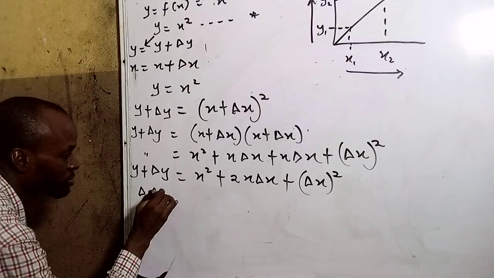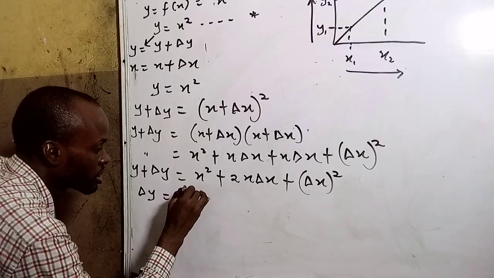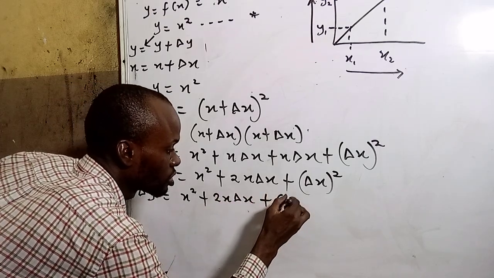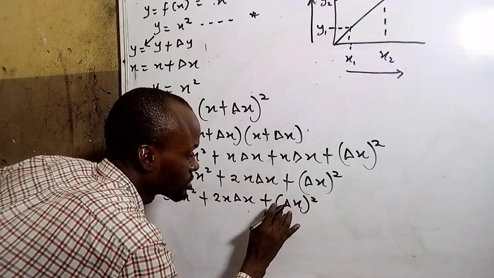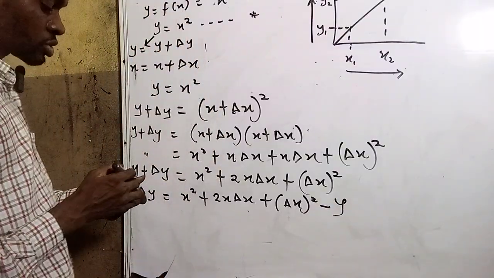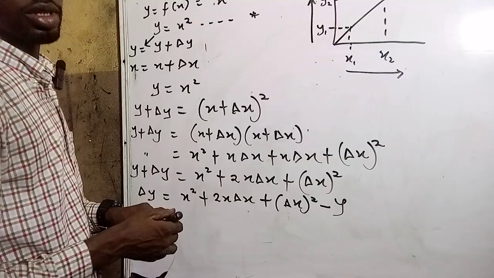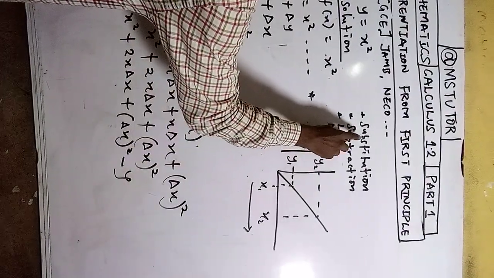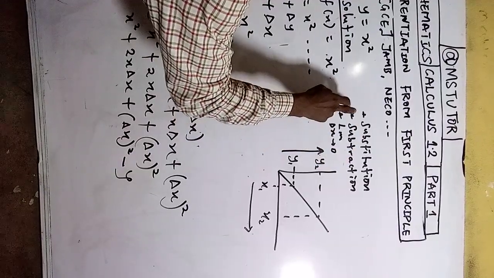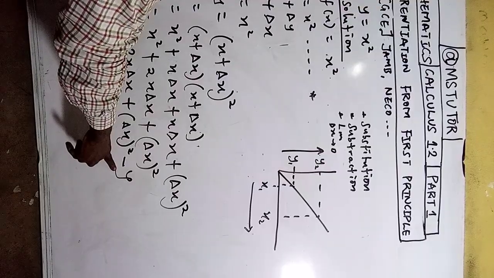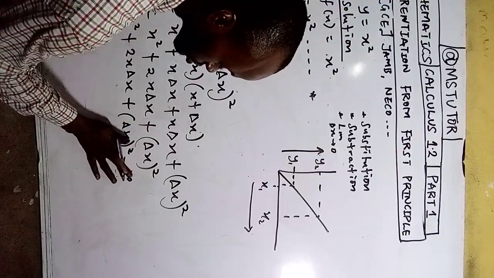We have dy equals x squared plus 2x dx plus, all bracket, dx squared, minus y. Now the substitution stage which I spoke about then. Remember, after the substitution, we go to the subtraction stage. That subtraction stage is what I'm talking about here, this particular point where we have to subtract.